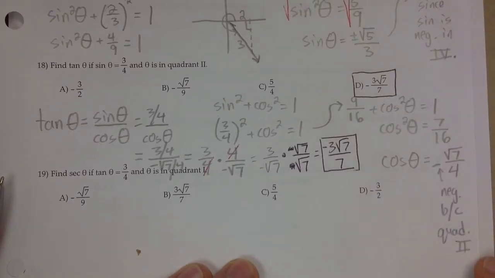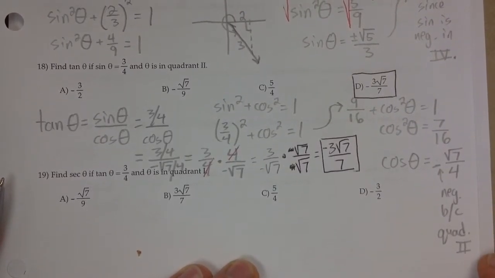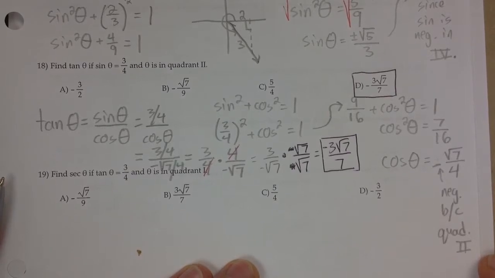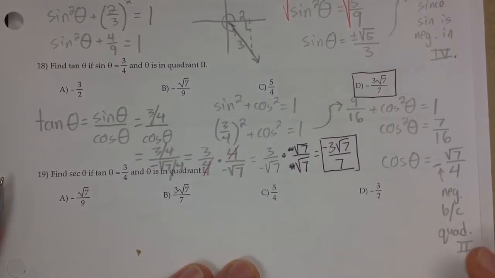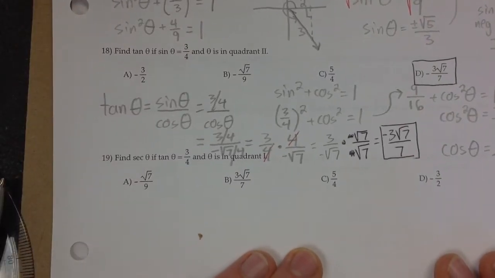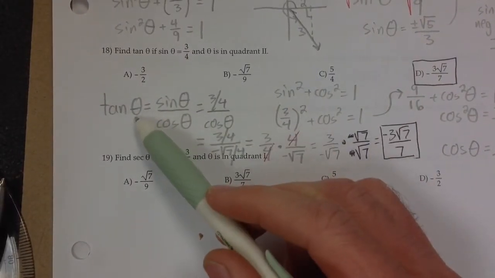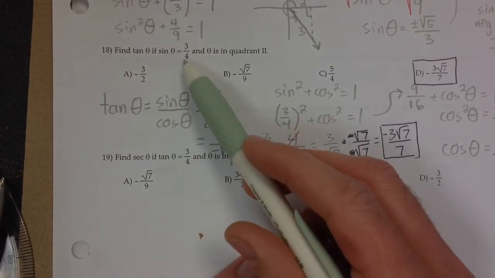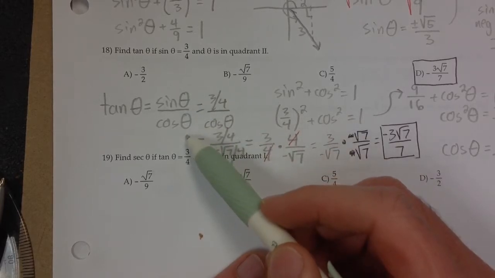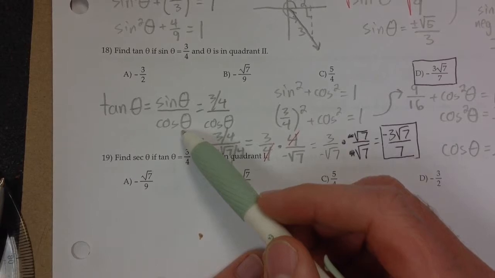Any questions on 18? We're just using identities basically. So it's very helpful in trig to know that tangent is sine over cosine. That was our first step. We are told sine. We need cosine. Math became a lot more enjoyable when I just viewed everything as a puzzle.